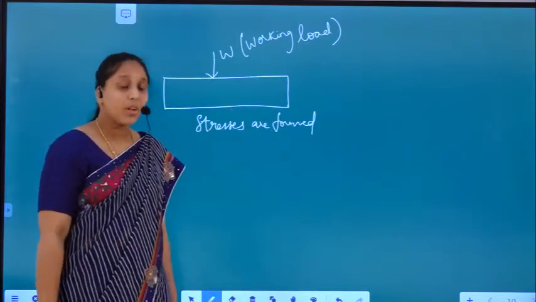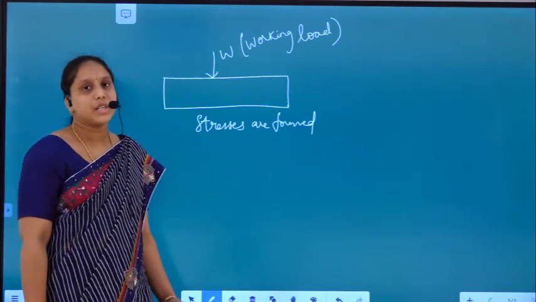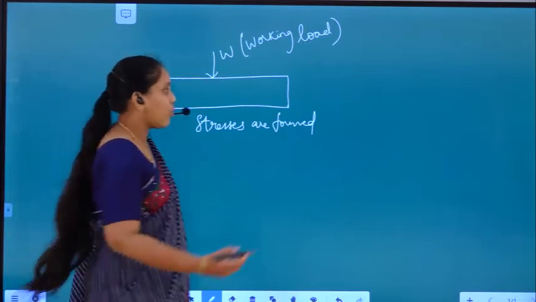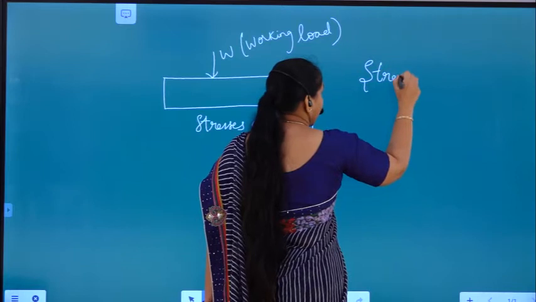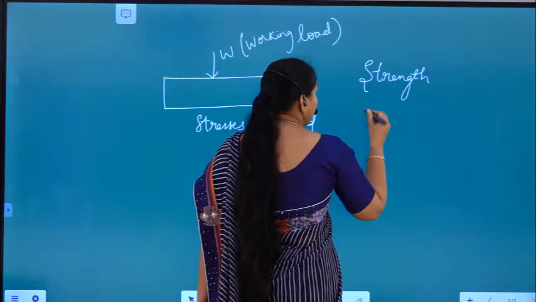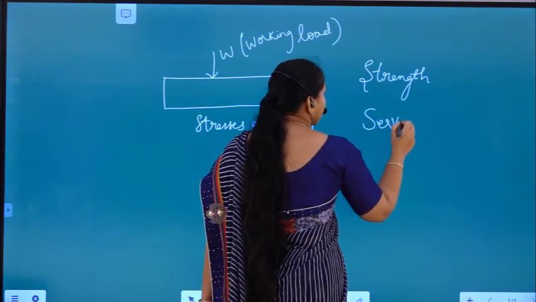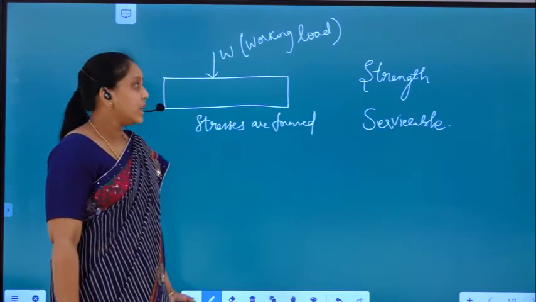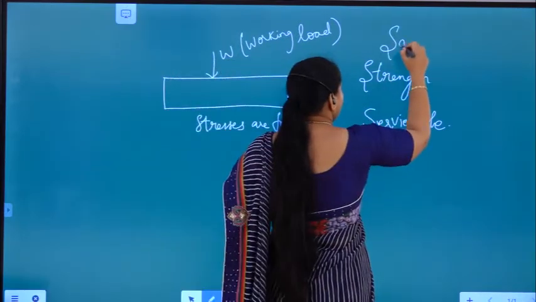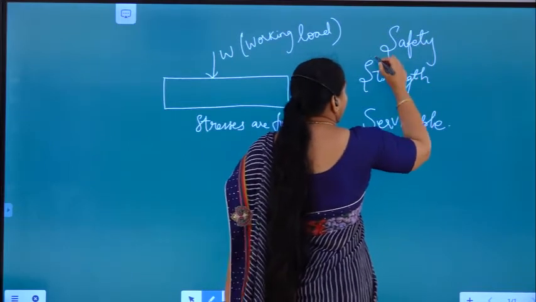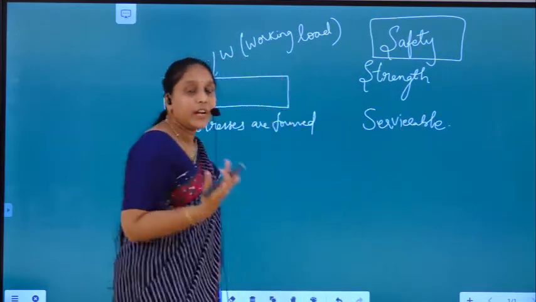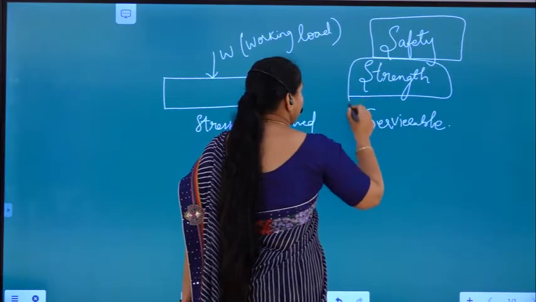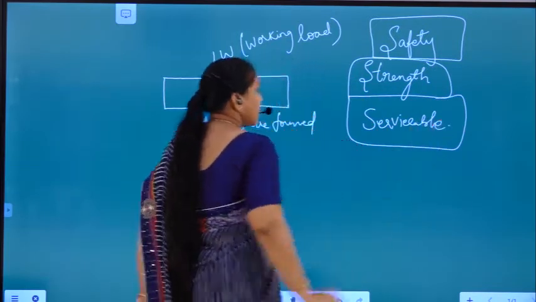We have discussed the objectives of structural design: the structure should possess sufficient strength and it should be serviceable, keeping the point of safety into consideration. So the structure should have sufficient strength and should be serviceable, isn't it?